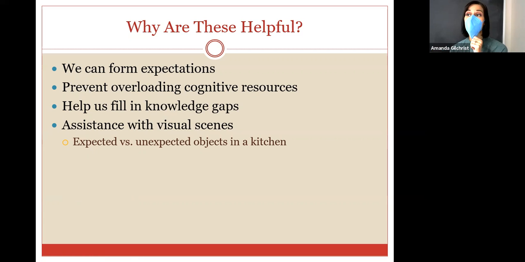If I'm looking for a bowl, it's probably going to be on a horizontal surface in a kitchen, and it's probably not going to be on the floor. So we can actually use our schemas to help us with visual search for expected objects versus unexpected objects. I'm probably not going to think about where a stapler might be if it were in a kitchen, because I don't typically find staplers in the kitchen.